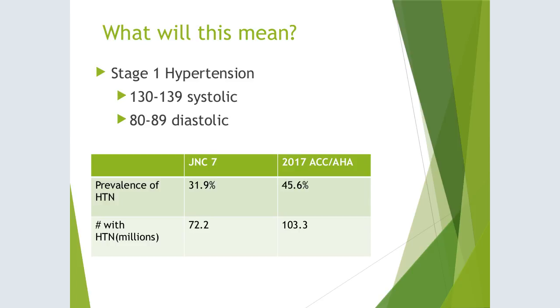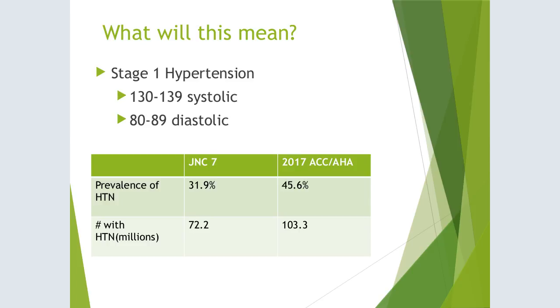Got it. All right. Stage 1 hypertension will now be with a systolic of 130. Again, how many patients did you see today that have stage 1 hypertension? You go from 31% or 32% to 45, 46% of the population would now have stage 1 hypertension.